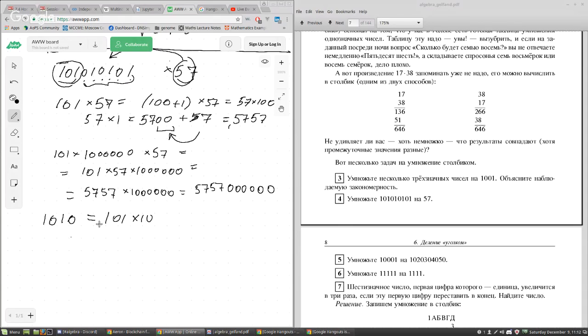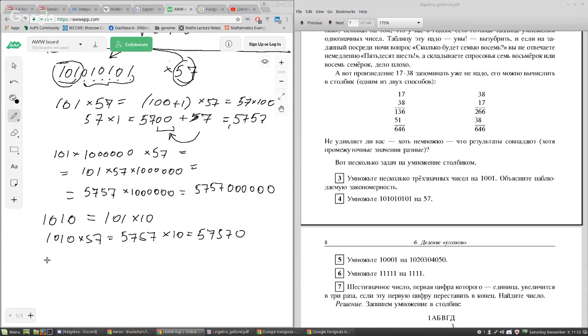Because multiplying by 10 just attaches 0 at the end. And so if I wanted to multiply this number by 57, this is the same as 101 times 57 times the 10. Well, 101 times 57 was what? That was just the repetition of the digits. And times 10 just attaches a 0 at the end. Like so.